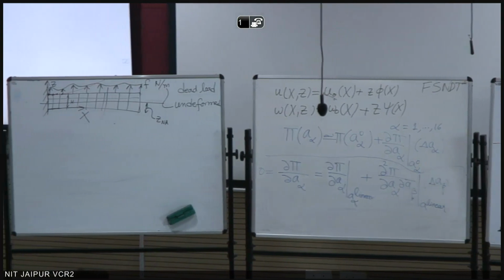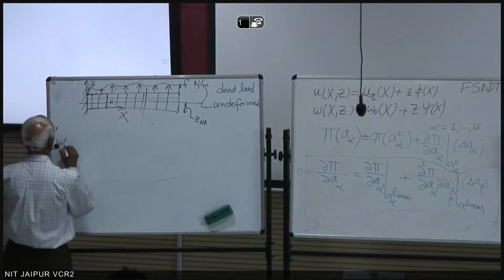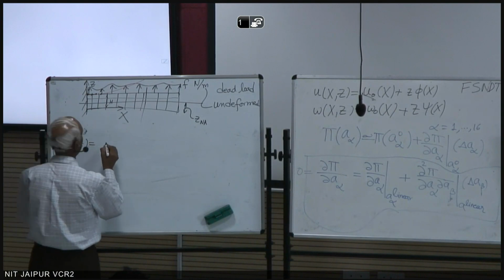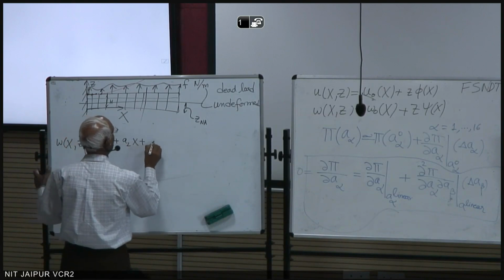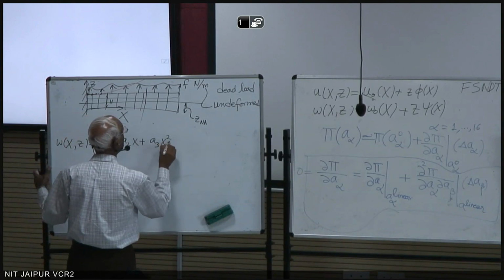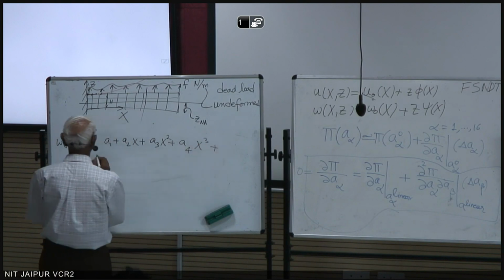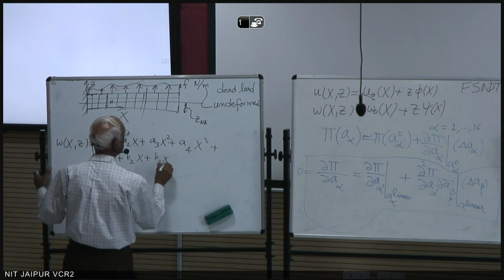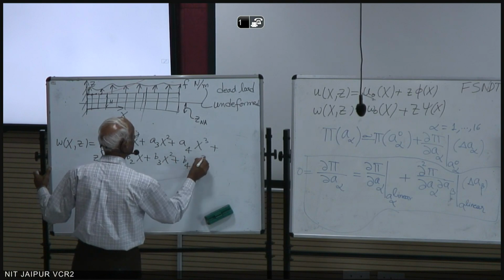See, what we wrote was that W of x, z is A1 plus A2x plus A3 x square plus A4 x cube, plus z times B1 plus B2x plus B3 x square plus B4 x cube.